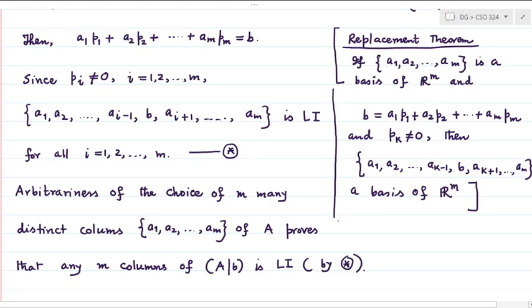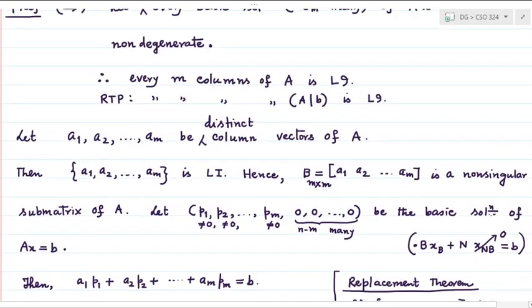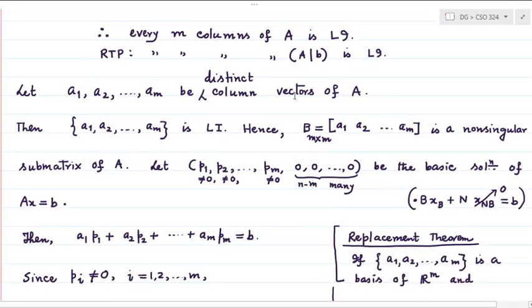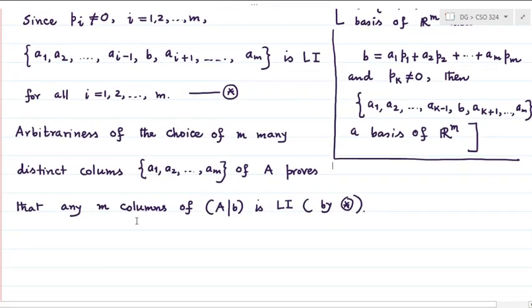So we have proven the fact that if there exist NCM number of basic solutions of the system of equations Ax equals b and all of them are non-degenerate, then any m columns of the augmented matrix AB are linearly independent.